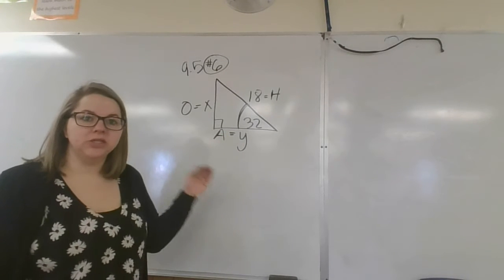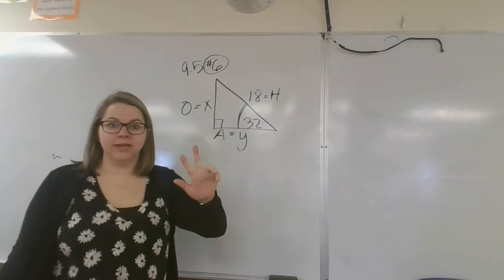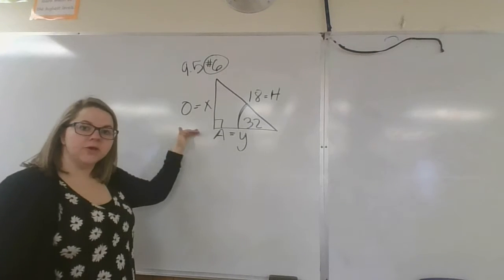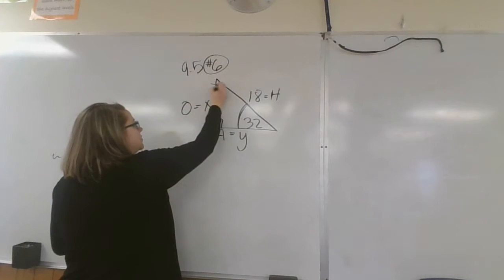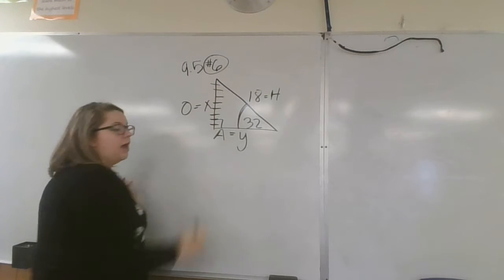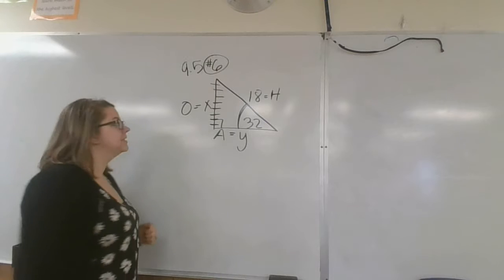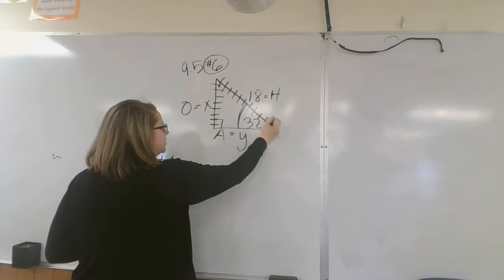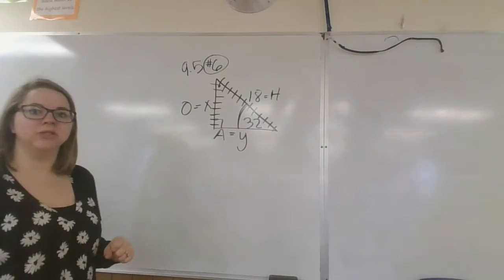Okay, so now we're wanting to use a sine, cosine, or tangent to figure out what x and y are. So first let's solve for x. I want to use this side, and then I want to use the other side that has the number. This side here. We want to use those two sides.